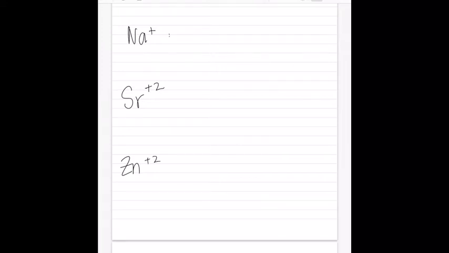Okay, so sodium, go to the periodic table. You know that this is sodium, but sodium is just Na. We are trying to name Na+. So this is not just sodium, this is sodium ion. Two words there. Na is sodium, Na+ is sodium ion.